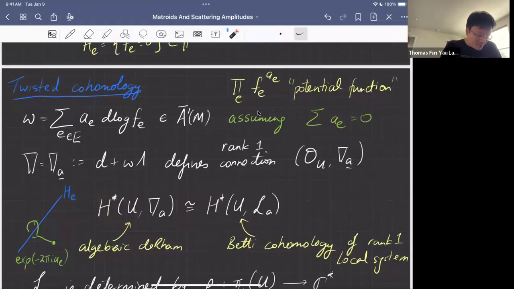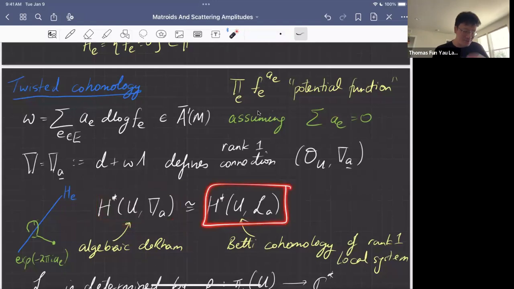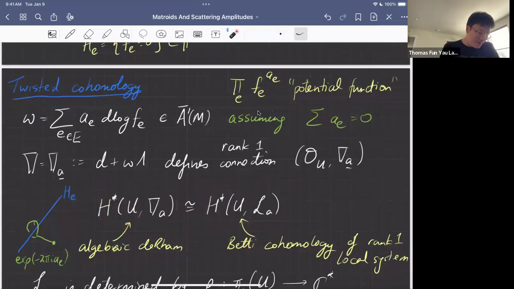This is a special case of the Riemann-Hilbert correspondence, which you could think of as a twisted version of the de Rham theorem: there's some de Rham description, and there's also a singular cohomology description of this. On the right-hand side here is some topological object.